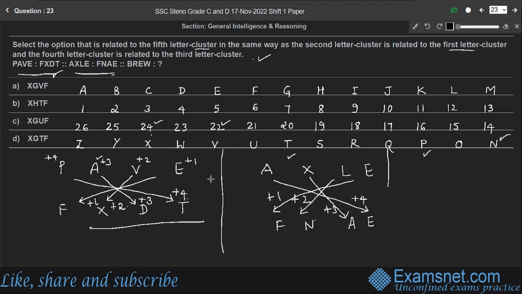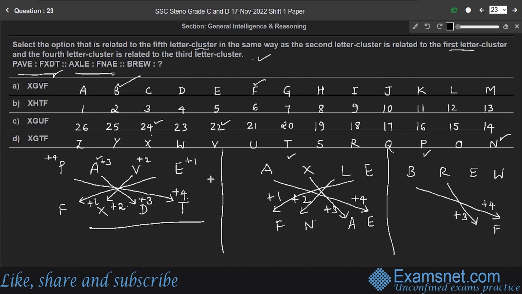Similarly, for the last cluster, BREW. We have to add 4 to the first letter. The positional value of B is 2 plus 4 is 6, which is nothing but F. The next letter is R. We have to add 3.